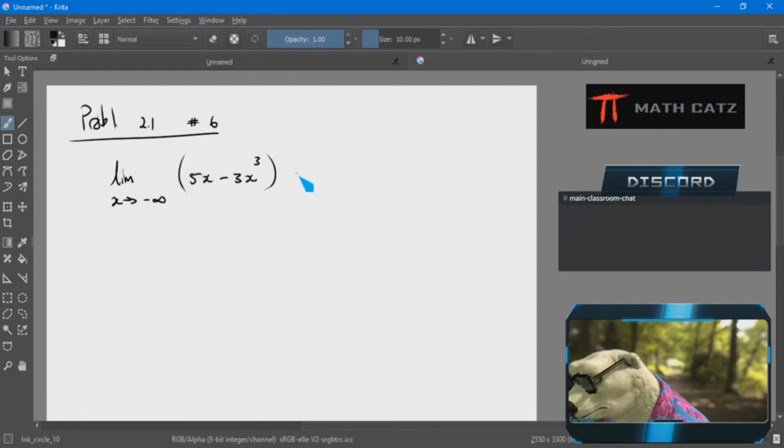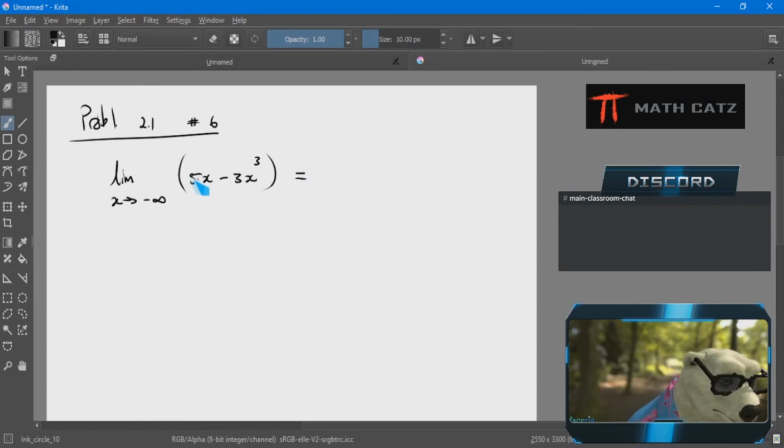I don't really care. So now I see what kind of function is this. It's a polynomial. That means, and my behavior is asking when x gets large, negative, then I know polynomials behave according to their leading term.